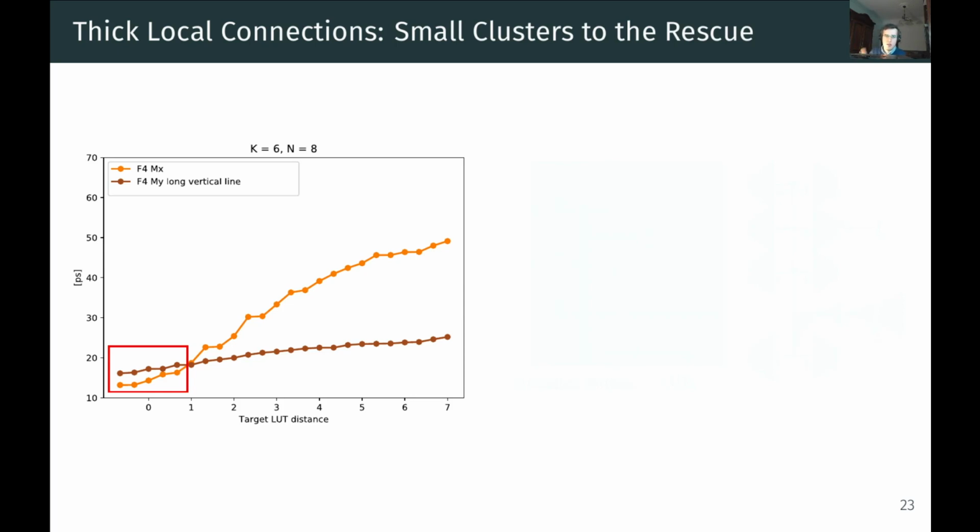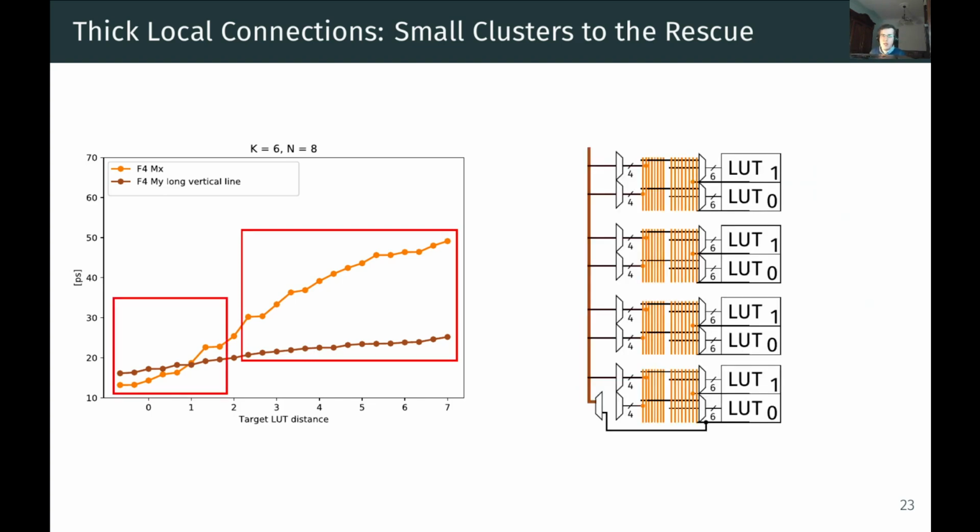We can see that in this short range of, say, 1 to perhaps 2 lookup tables, the MX layers are more performant, or at least as performant as the MY layers, because of their lower resistance. As we go further away in the cluster, of course, the MY layers become relatively more performant. But then, if we had smaller clusters of, for instance, 2 or 3 lookup tables in size, we could achieve the following.